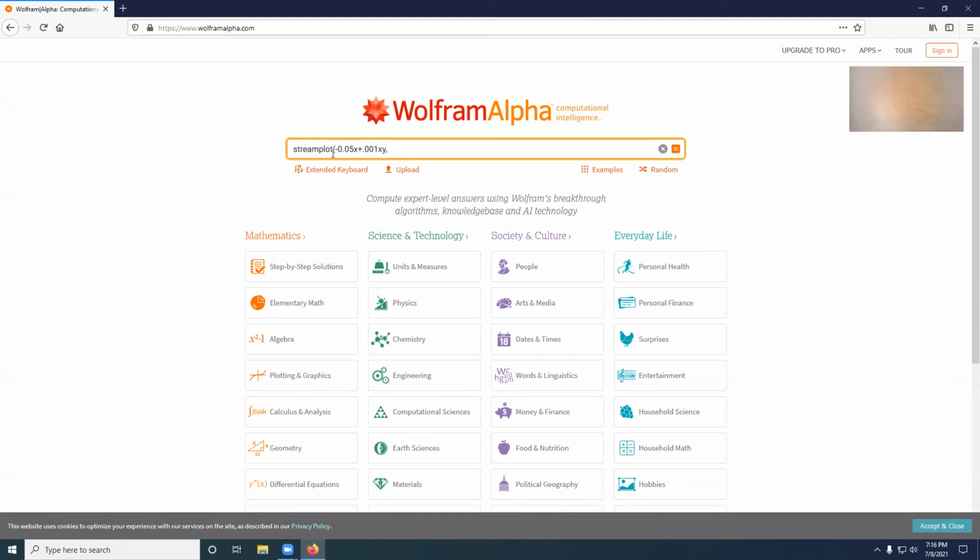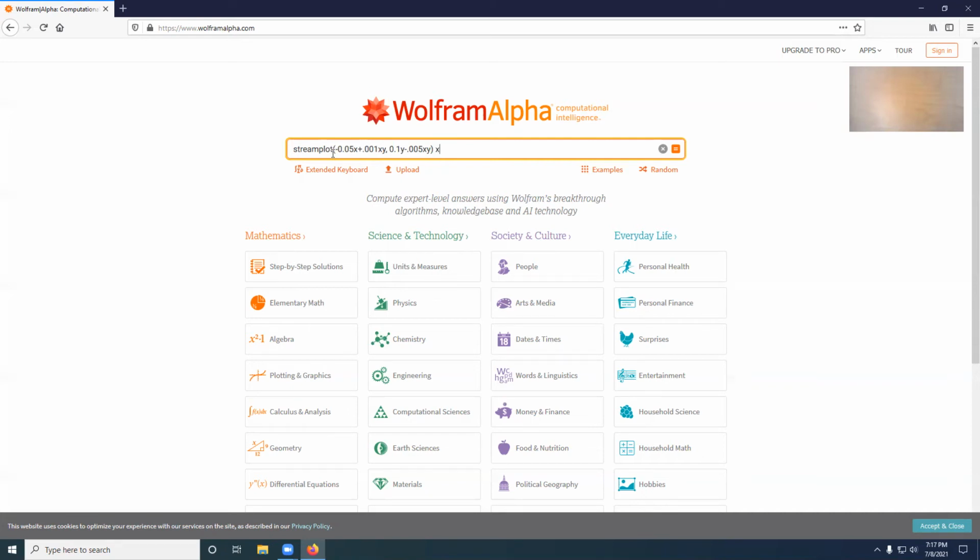All right, the system was x prime equals minus 0.05x plus 0.001xy, comma, y prime equals 0.1y minus 0.005xy. And we know that we're looking for our equilibrium point around (20, 50).